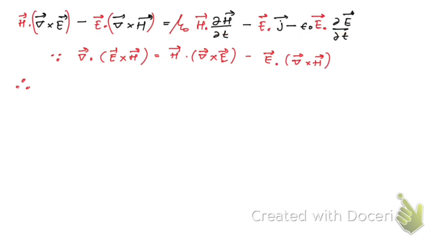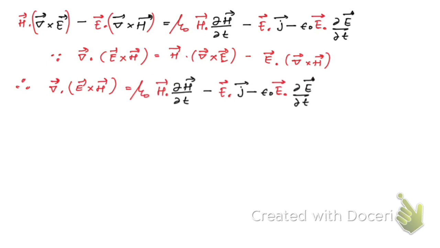Instead of this side, we can write del dot E cross H is equal to, let me write this one. That's what we have got. So what we have done is replaced this one by this part. Or you can see in this equation, you have replaced this result by this one. I hope you have understood this.